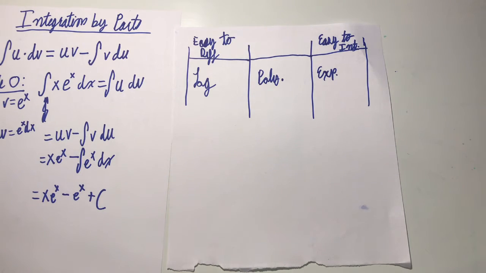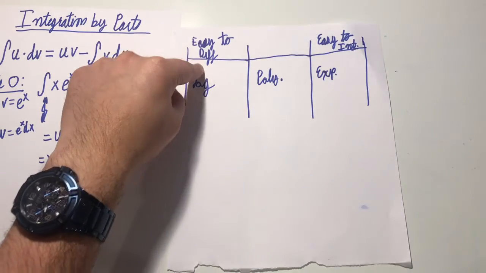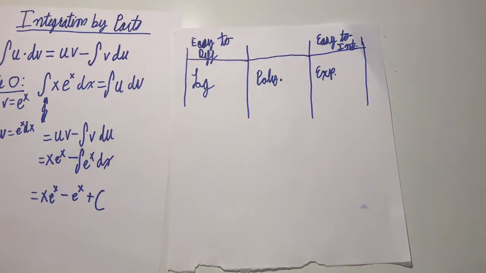If you have a polynomial and an exponential, the polynomial should be what you differentiate, while the exponential is what you integrate. Okay? Hopefully that is a much clearer explanation of how to choose what becomes u, what becomes dv, and let's hope that makes the problems a little bit easier.